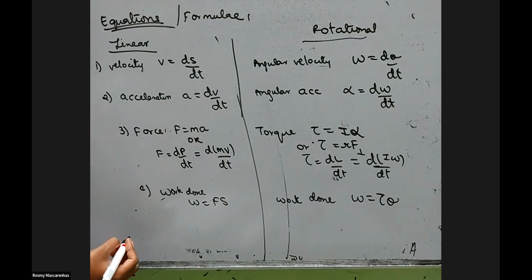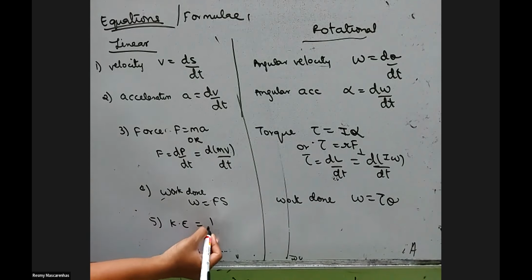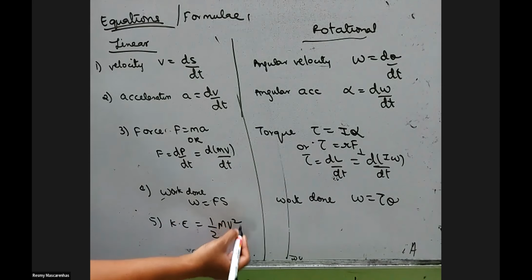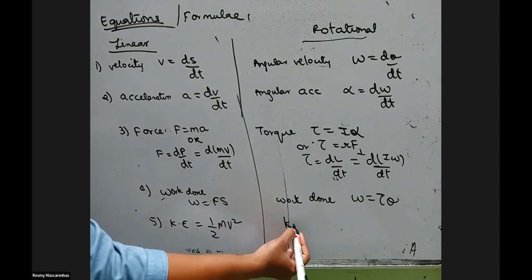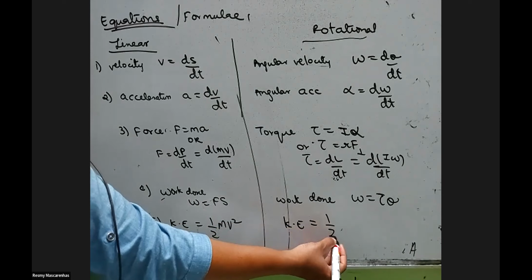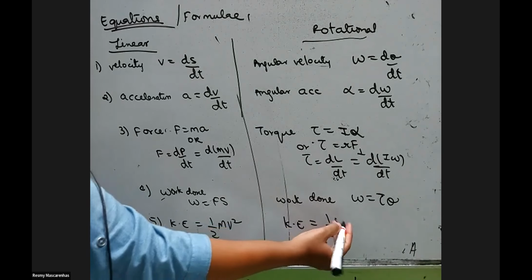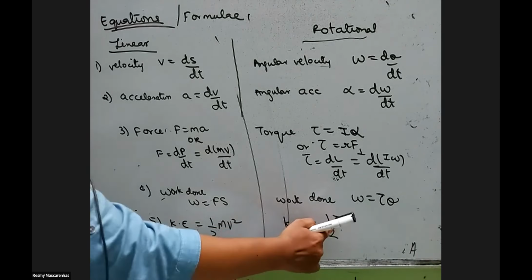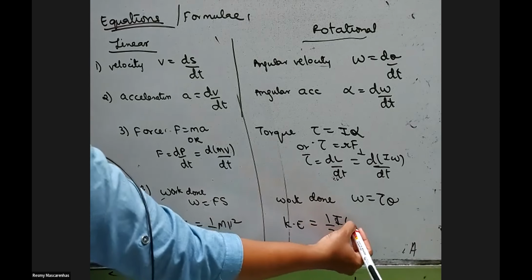Fifth one, kinetic energy. Here it is half mv square. Kinetic energy over here is half, m means I in rotational, and v means omega.